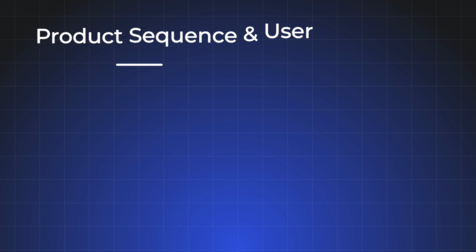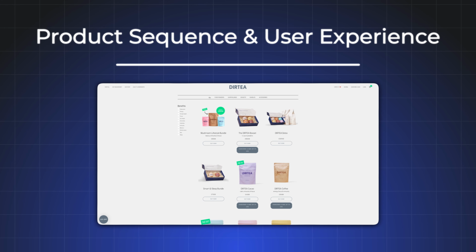Next, we looked at the product sequence and the user experience overall. We know that not every customer will jump straight into purchasing bundles. Many prefer to start with single items, maybe testing products before committing to larger orders. Because we understand that, we didn't just completely get rid of them. We just simply placed them a little bit further down, as I mentioned.